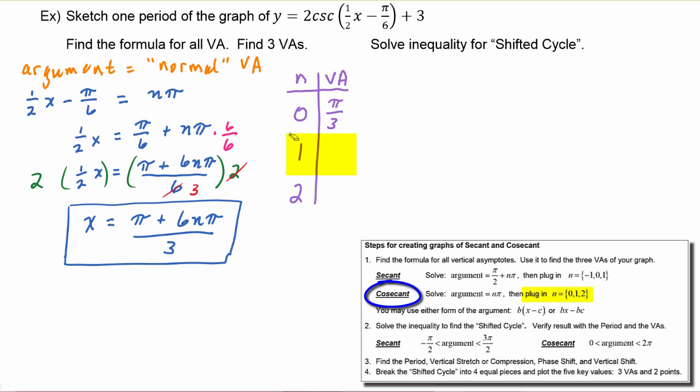If we put a 1 in for n, this becomes 6 pi. So we get pi plus 6 pi will be 7 pi over 3. And if we put a 2 in for the n, this will become 12 pi. So we'll have pi plus 12 pi is 13 pi over 3.